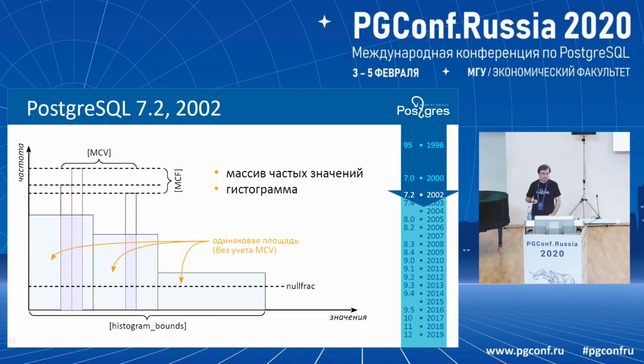The next important version was version 7.2. It was important because the basic statistics was updated to the condition which we're using until now. We created an array of the most often values and the array of frequencies of these values. And for all the others, we created a histogram.